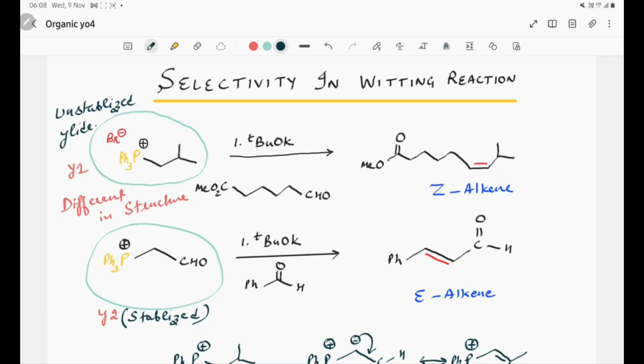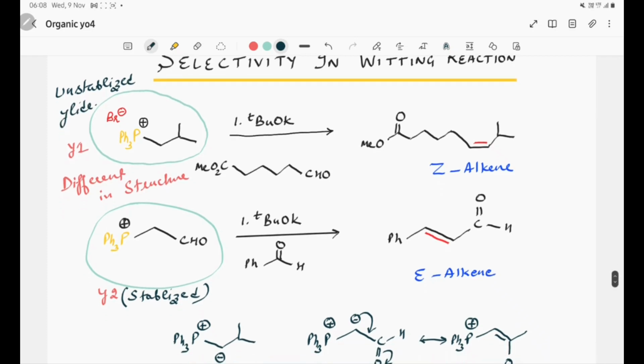So you can easily form a relation that whenever an unstabilized ylide has been used, it will result in the formation of Z alkene. Whenever a stabilized ylide is used, E alkene is going to be the final product and it is going to be the only product.